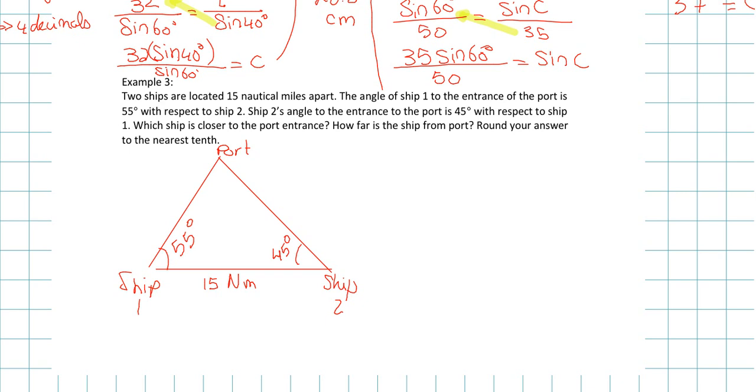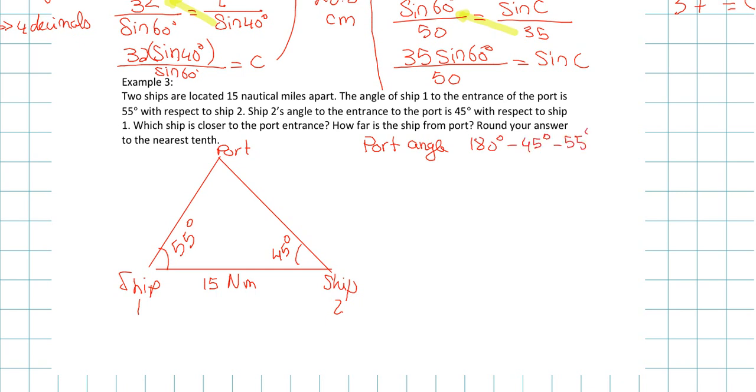But sometimes I don't, and do I need to waste my 30 seconds that I need for the exam? No. Okay? All right, so to find the port angle, I just have to do 180 minus 45 minus 55, which is 80 degrees.